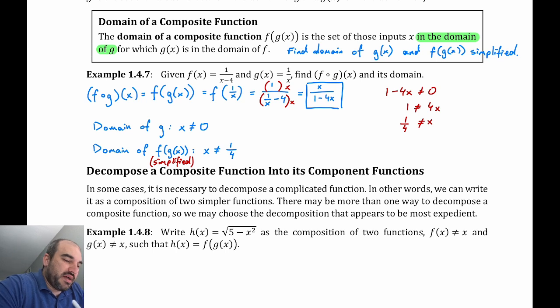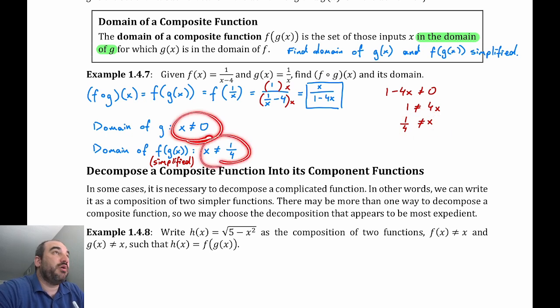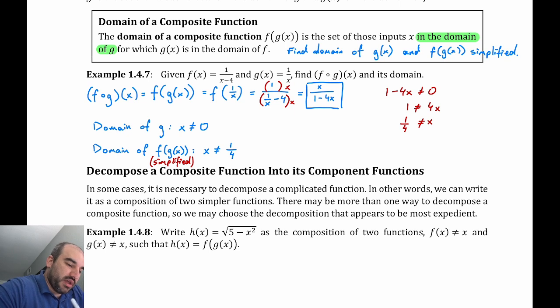So we get that by taking this denominator, setting it equal to 0, like we did for domain, and getting down to x can't equal 1/4. So we have two pieces of the domain here that we need to combine. So our final domain answer will be that x cannot equal 0 or 1/4.